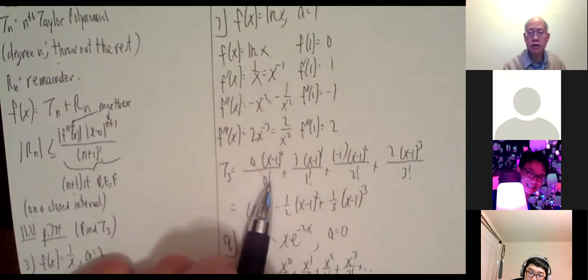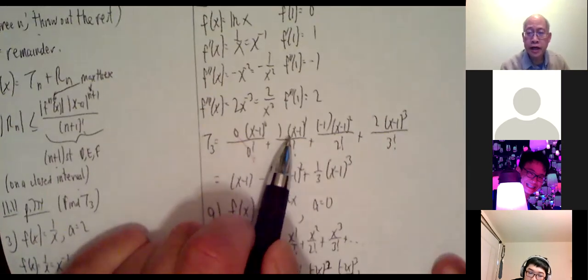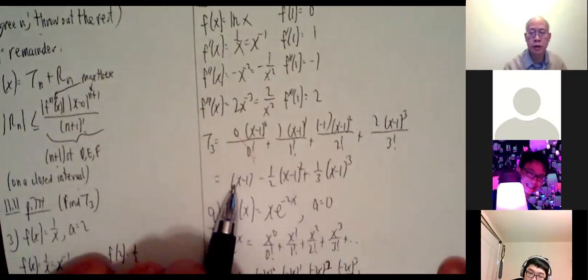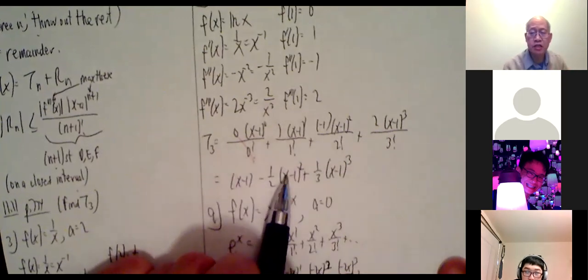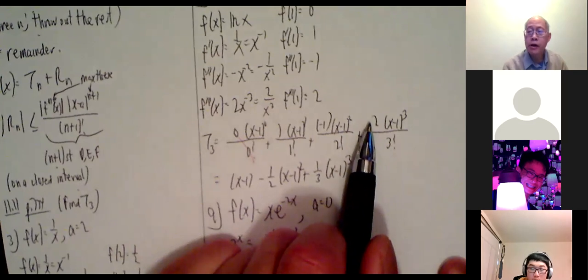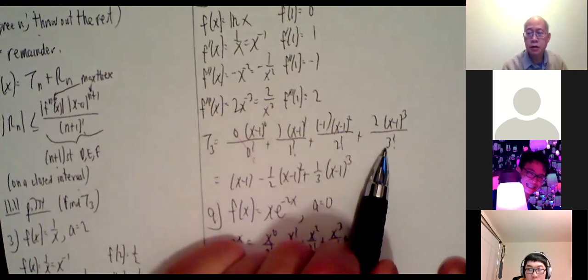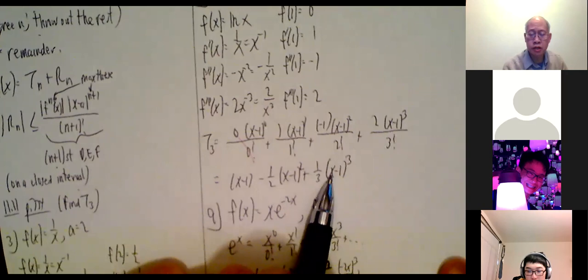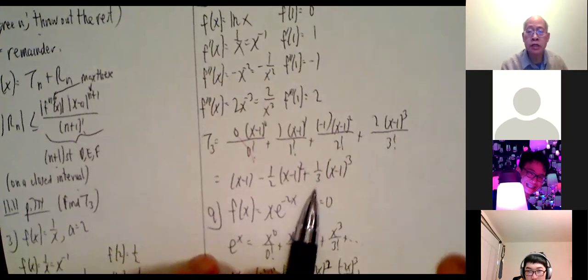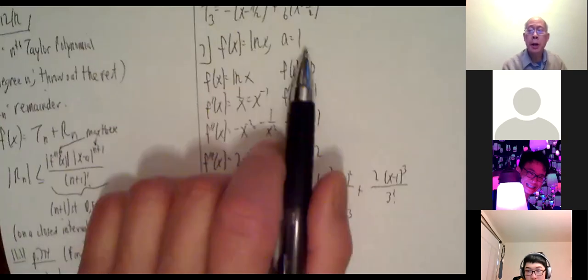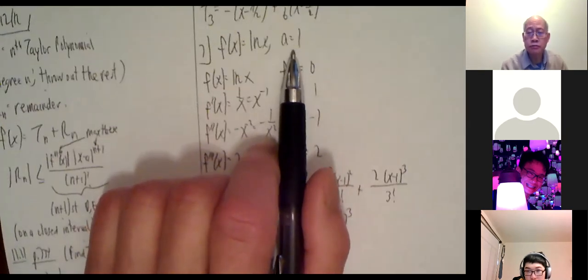So that's gone. This turns into x minus 1 over 1, or just x minus 1. This is negative a half x minus 1 squared. 2 over 6, 1/3 x minus 1 cubed. This is the best cubic, third degree approximation to the natural log function near a equals 1.